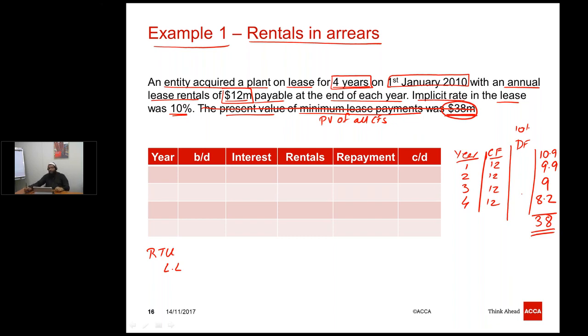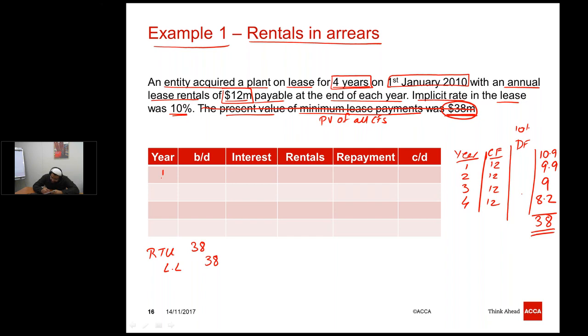If it is given in the question, you can use the value from the question, but if it is not given, you will have to calculate it. I recalculated it so that you know how to do that. So the entry is right to use debit by 38 and lease liability credit by 38. This is entry number 1.